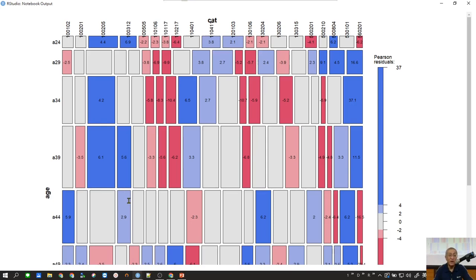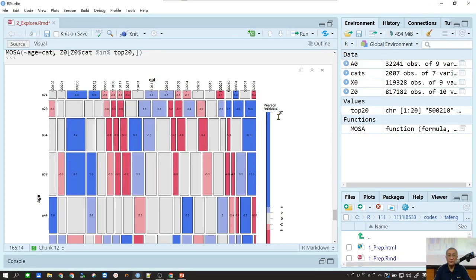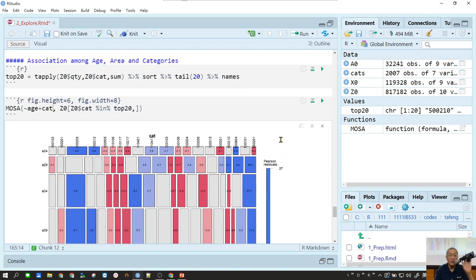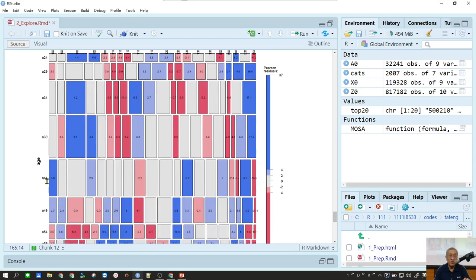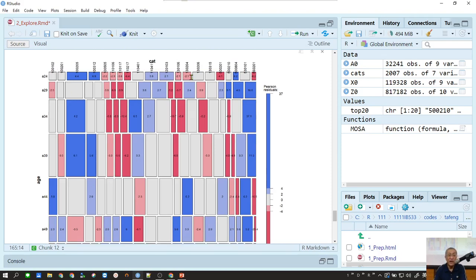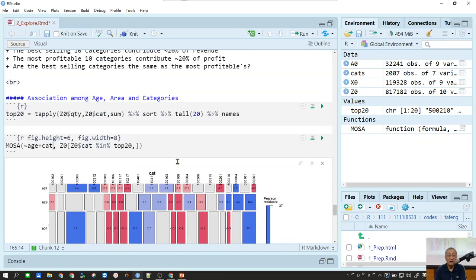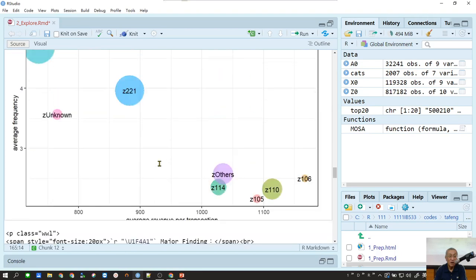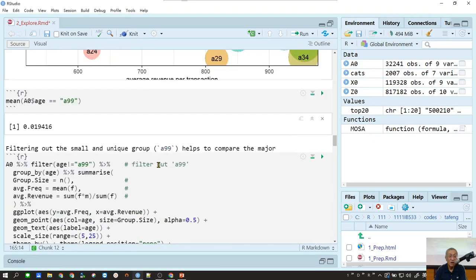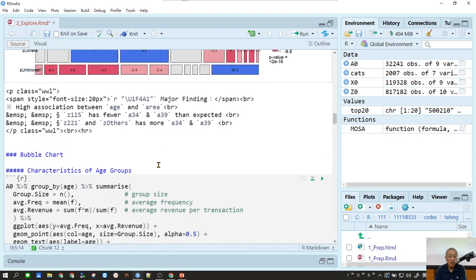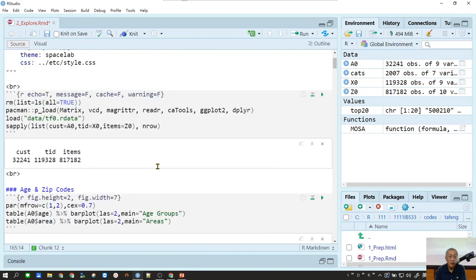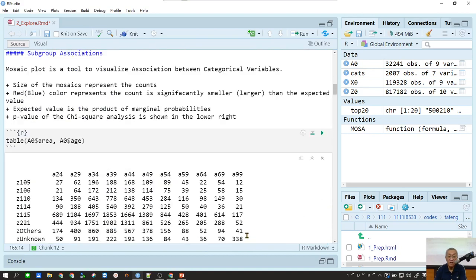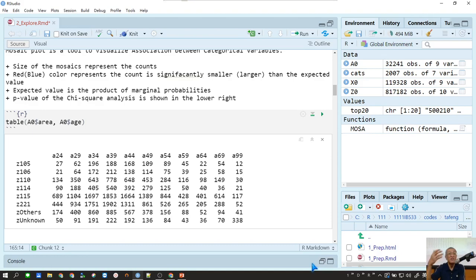But before you want to do that, you should be careful, right? For age, there are only like 10 age group, right? So it's fine. But for product category, how many product category do we have? It's not here. 2,000 and something, right?